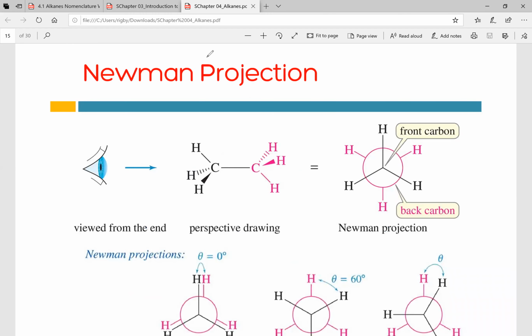If you remember what I said earlier about these wedges being out in the front and the dashes being in the back, imagine that instead of looking at just hydrogens and carbons, we're looking at a 3-colored triangle that's looking like this. Where the purple is towards us, the red is away from us, and the pink is just straight in the plane with this carbon.